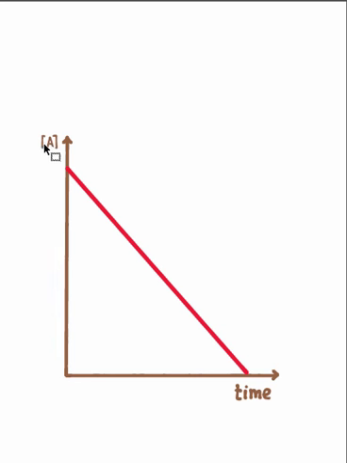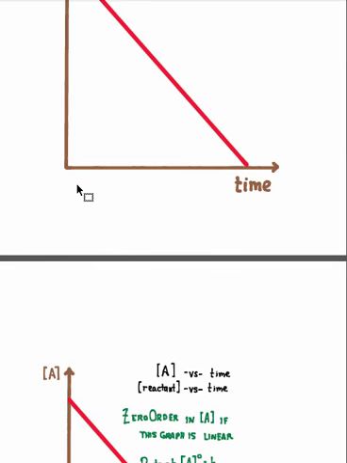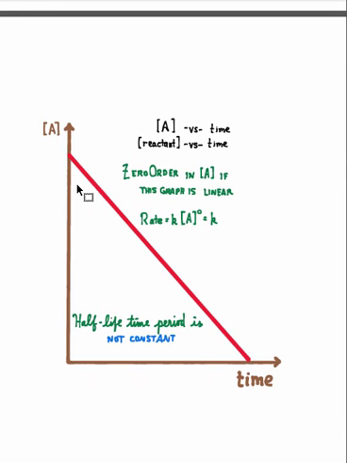If I graphed the concentration of a reactant versus time, and it resulted in a linear decrease over time, you can pause the video or not, or I'll probably print these PDF pages so you can go back and quiz yourself again if you'd like.